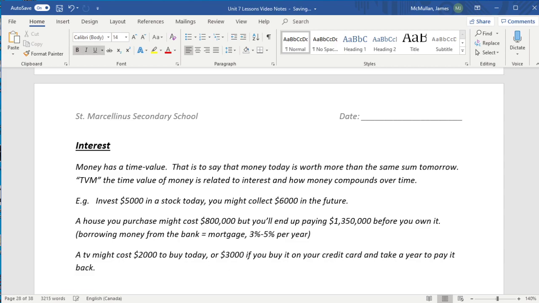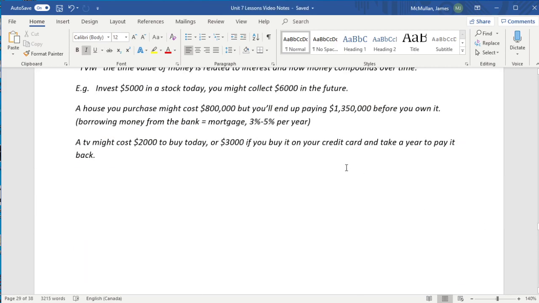Now, a credit card: borrowing money from a credit card company is a loan, and your interest there is often like 19 to 29%.